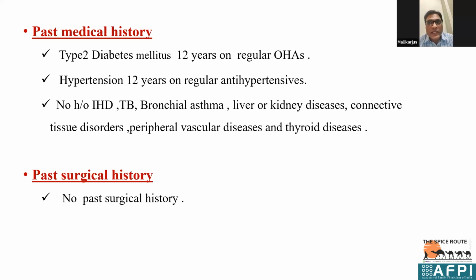How will you differentiate ascites, whether it is portal hypertension related or non-portal hypertension related? Non-portal hypertension related ascites are like congestive cardiac failure, nephrotic syndrome, malignancies, and tuberculosis. Those will not have massive ascites.